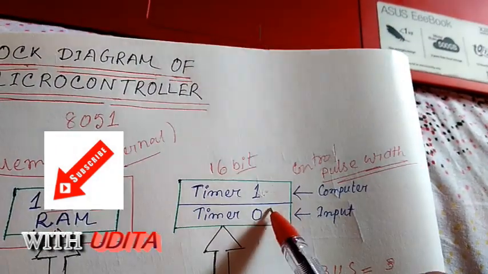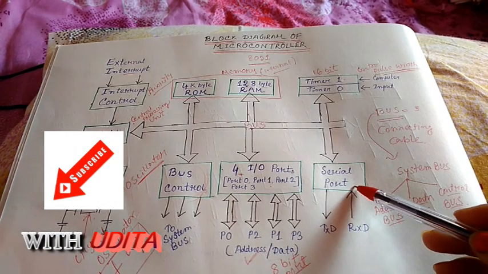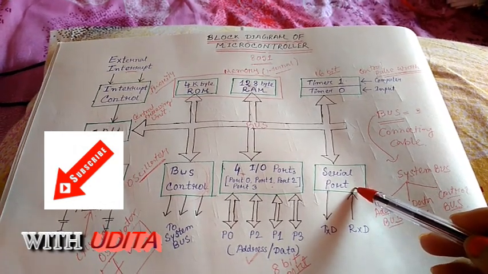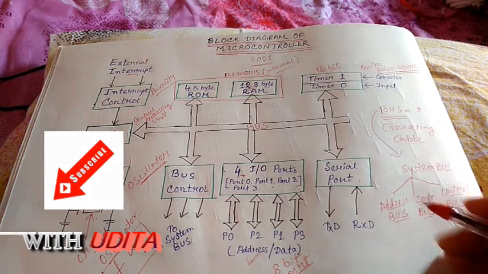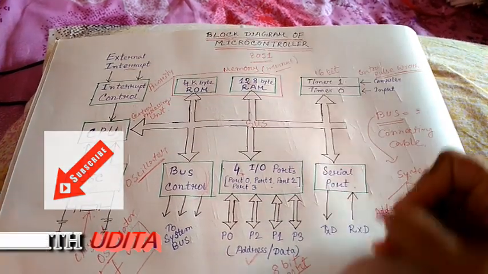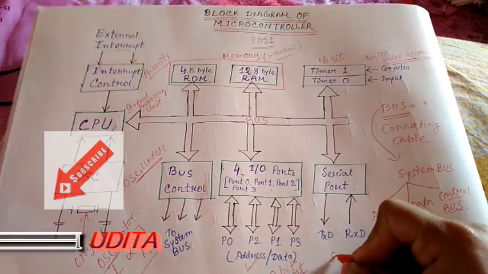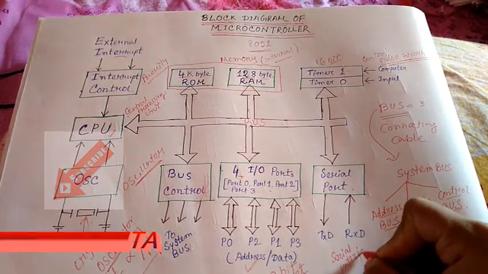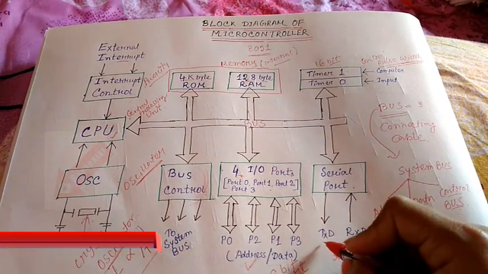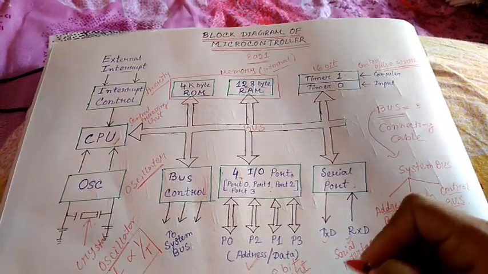And the last one is the serial port, that is when microcontroller works as the serial interface to another peripheral system or another device. At that time it can send the data through TXD, that means transmit the data, and it can accept the data through RXD, that means receive the data.